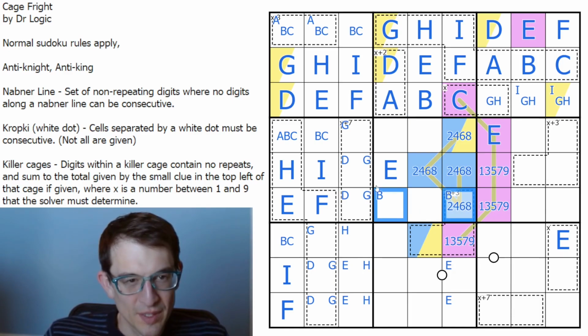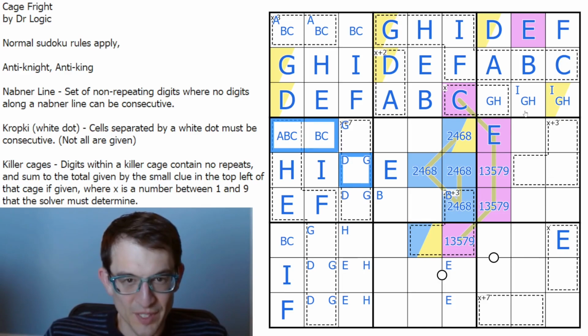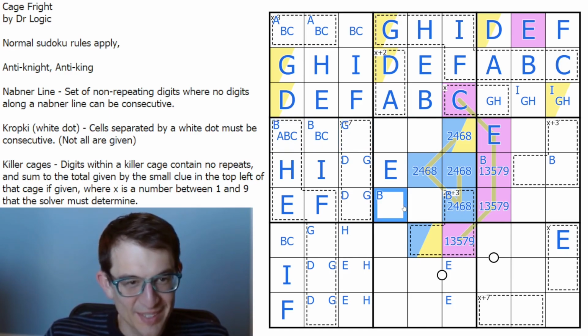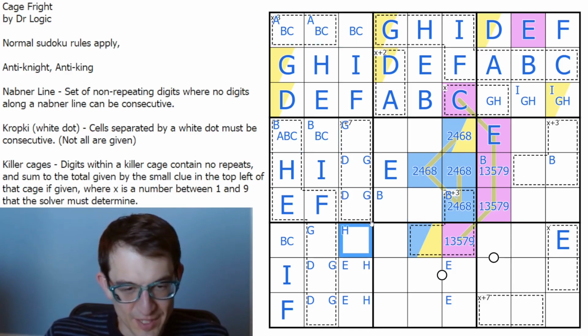So B is one of these, but not this one by knight's move. So B is one of these. Doesn't help me, because I have all three here, so I don't get the X-wing.